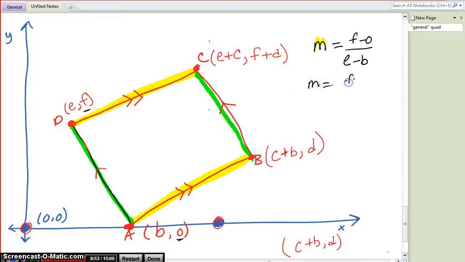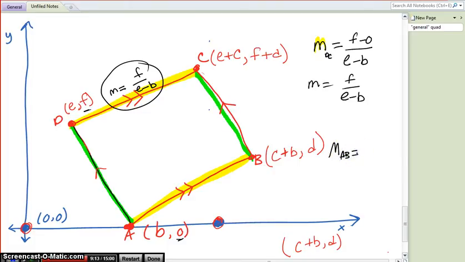M is F over E minus B. Okay, so we have a slope for this guy, F over E minus B. That's good news. If we can prove that the slope for AB is the same, this was the slope for segment DC. So let's look at the slope for AB.